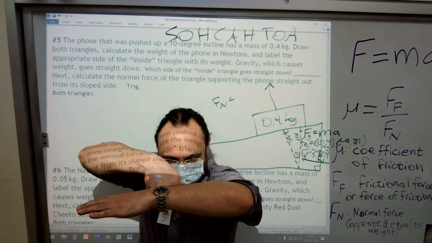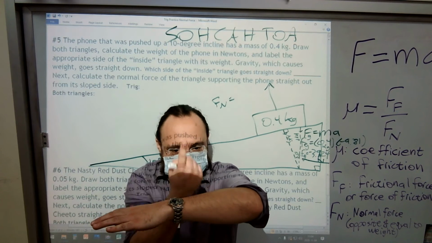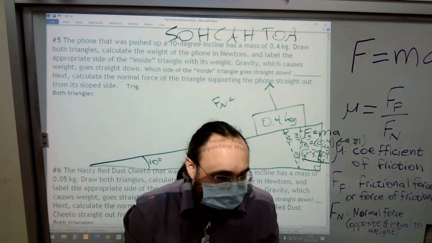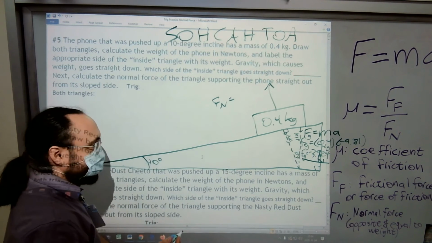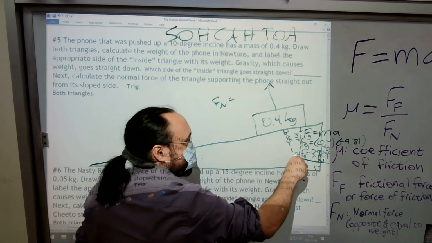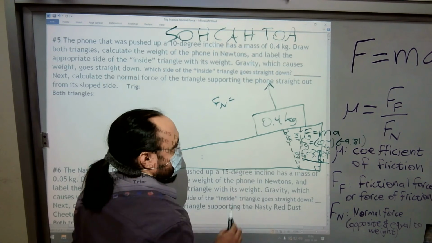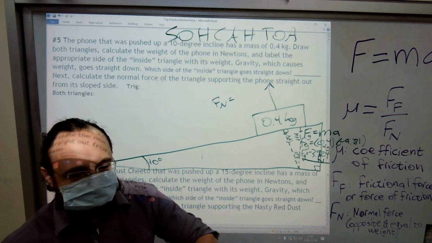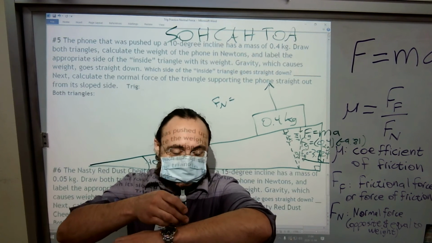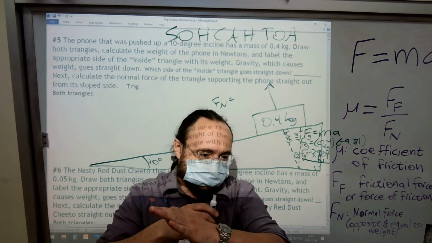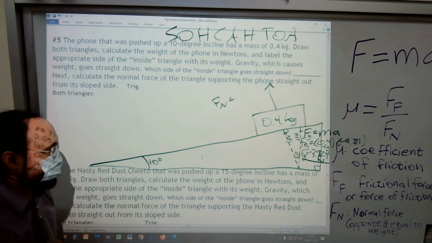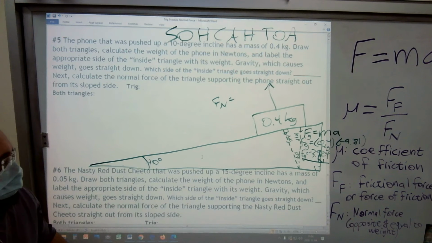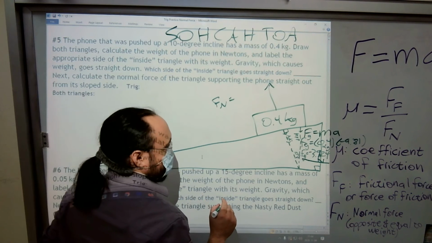Normal force is this pushing into the surface and the surface pushing out. It's not the surface pushing up, it's the surface pushing out. And when the surface is flat, up is the same as out, but when it's tilted, it's not. So that's why we have to do trigonometry to figure out what the normal force is in this situation.